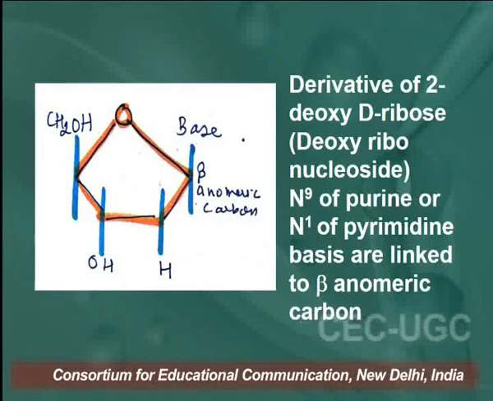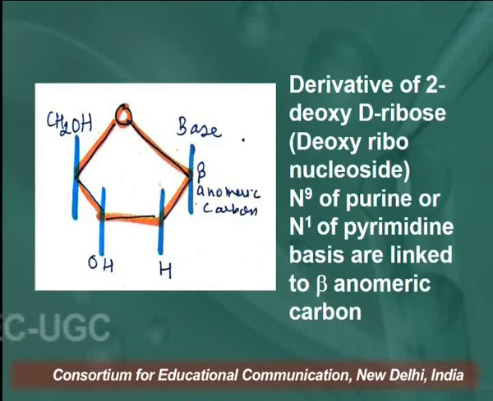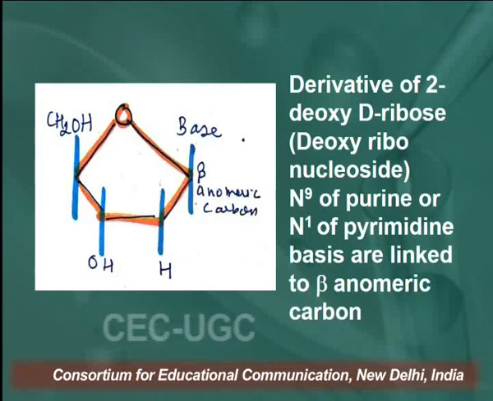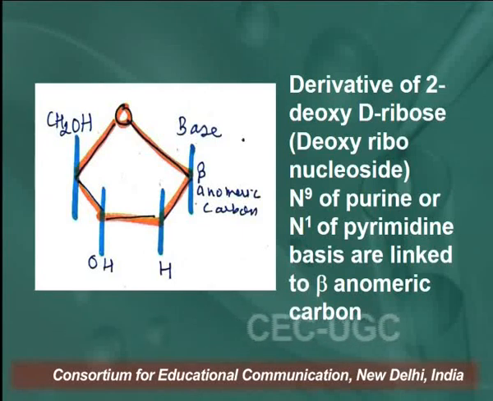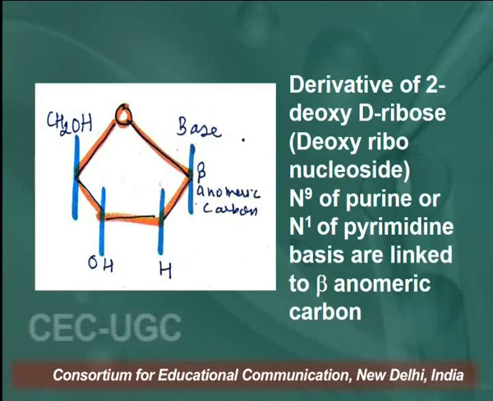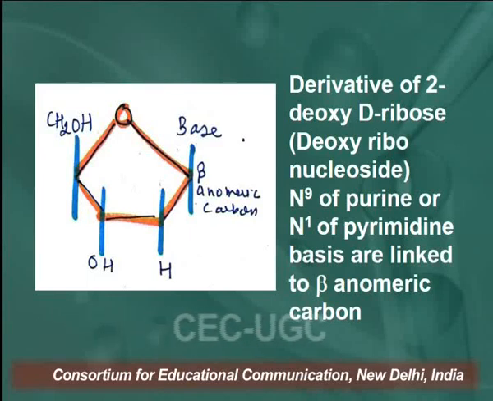So, here in 2-deoxyribose you can see in the structure the OH is replaced by H. On the anomeric carbon, the base is joined through the glycosidic linkage, and at the C2 position there is an H in the case of deoxyribose sugar.